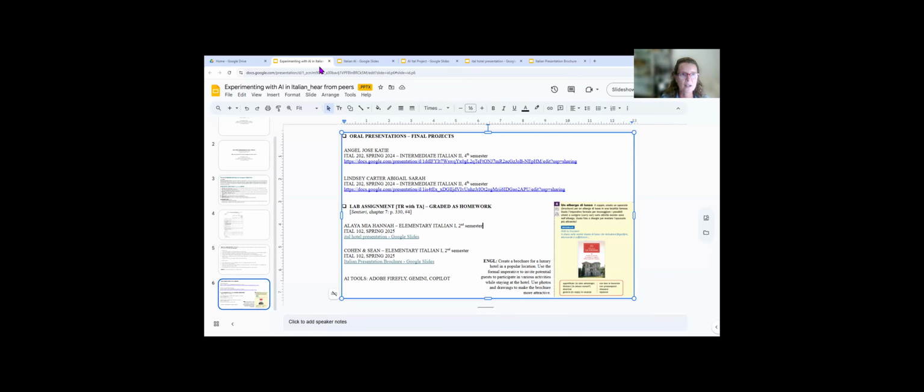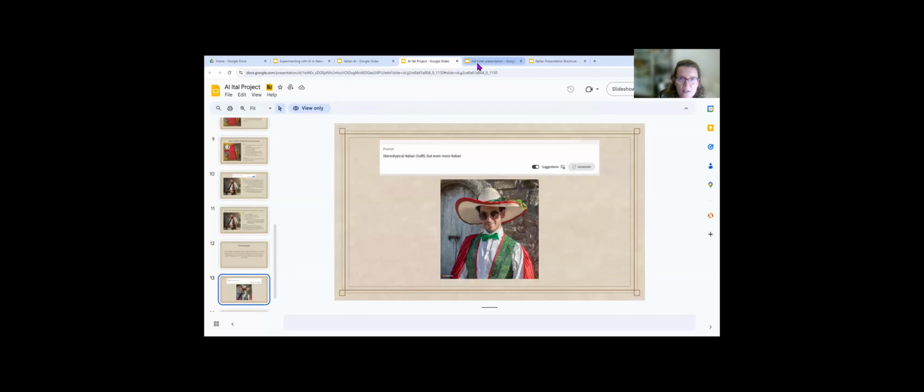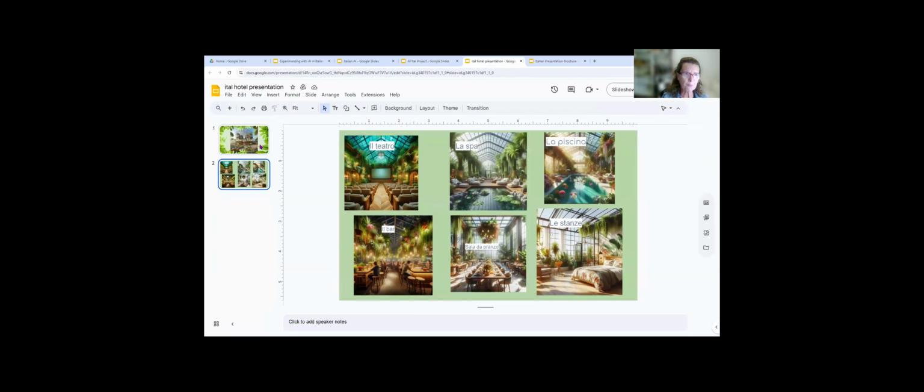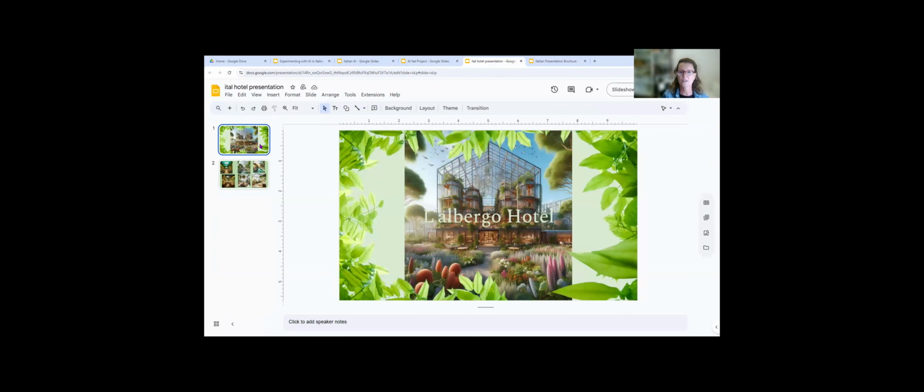Okay, let me see if I can open it. Here it is. Okay, so this is the luxury hotel that Gemini, I think it was Gemini or Adobe Firefly, I'm confused, created for them. I don't know how much this hotel can correspond to reality, but it's a luxury hotel.